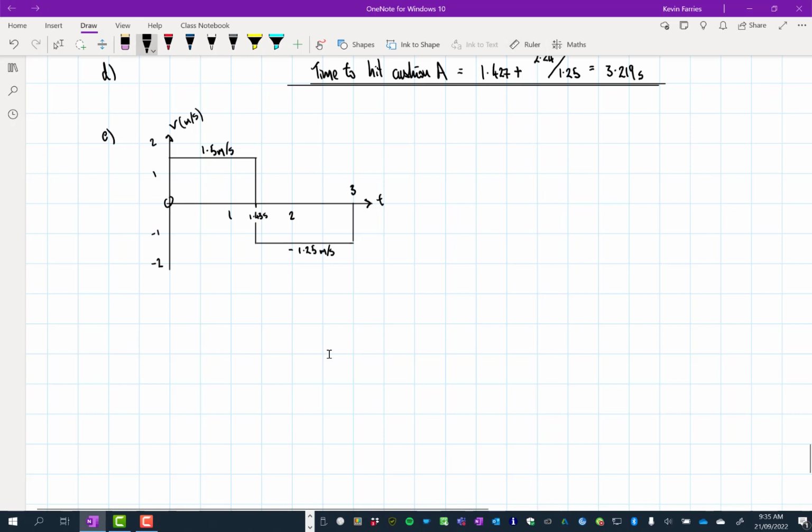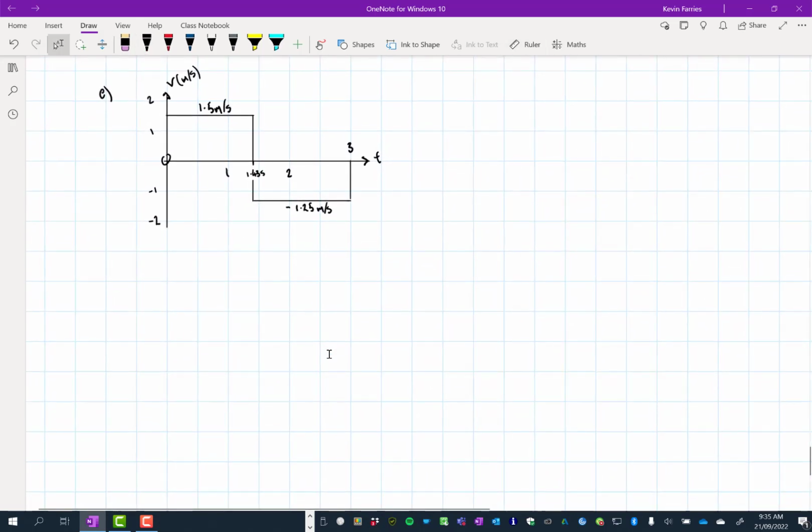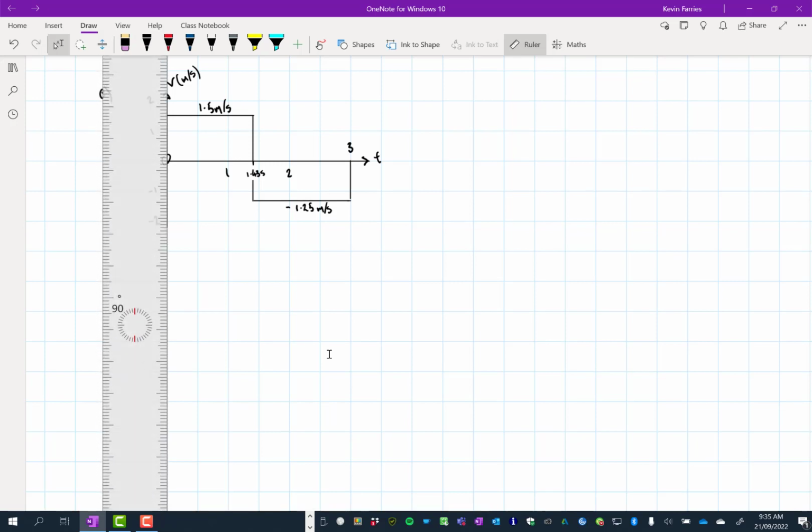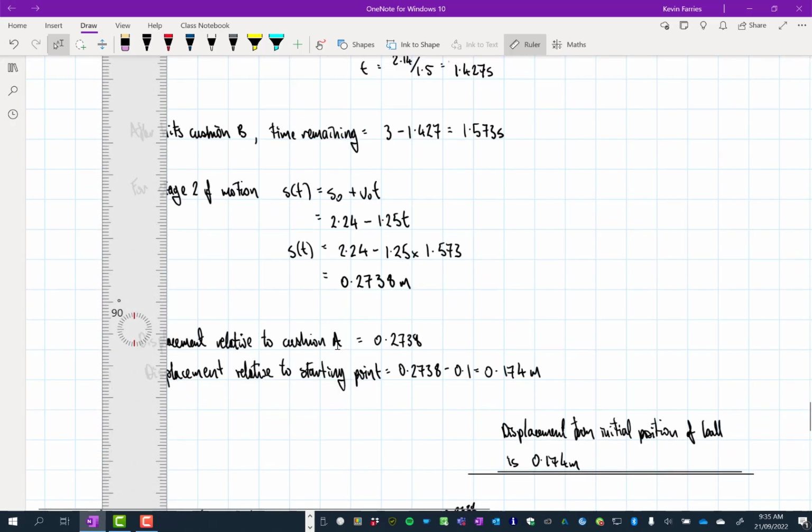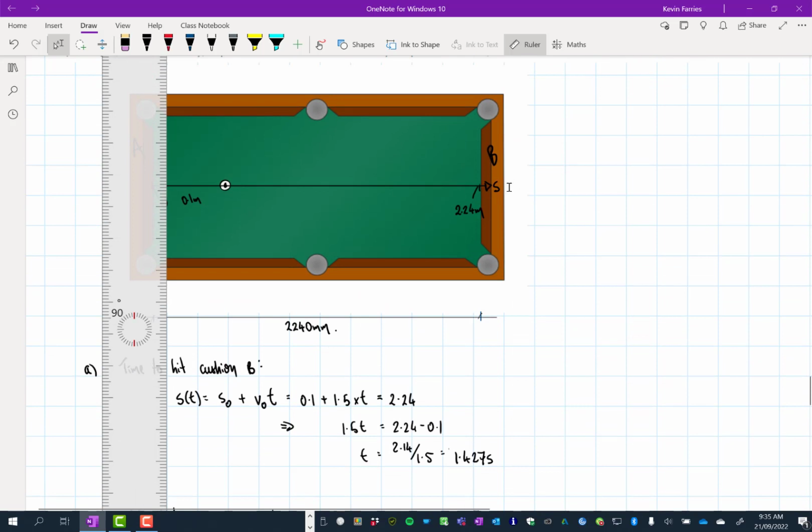So for the next one, this is displacement now, so the symbol for displacement is S, and the maximum displacement will be 2.24 meters, and it never goes negative. So we're coming back up to this now. Basically, this was my displacement here. But I've got to take it relative. It could go negative, it could go to -0.1.